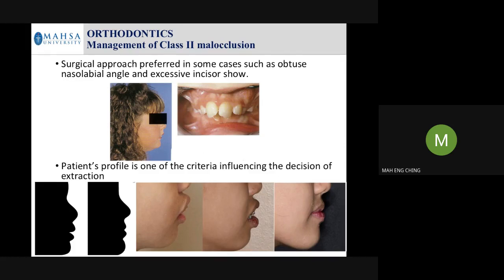By doing that, the lips will also fall back, and it will give you a straighter profile. Look at the picture on the right side, same thing. You see the upper lip is protrusive. Then we take out the upper premolars, then push the incisors back. When the teeth fall back, the lip also falls back. It ends up a better or straighter profile. That's how we do braces to achieve a better facial profile.